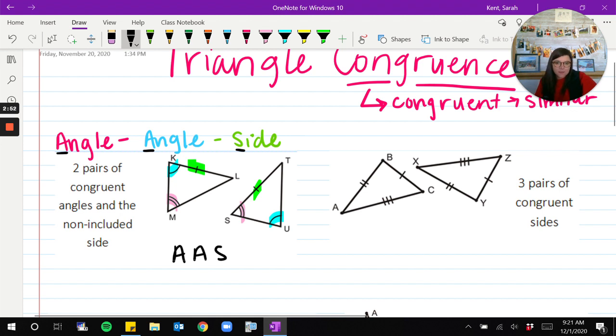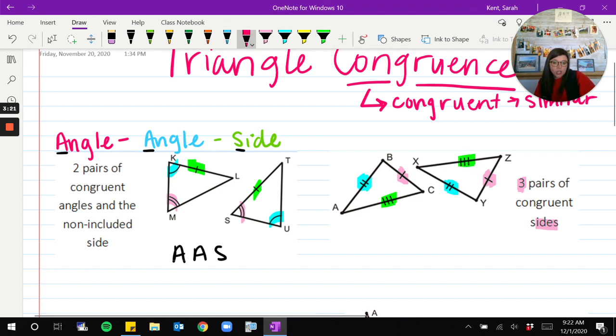All right, here's another one. It says 3 pairs of congruent sides. So we've got these numbers 3, and we're looking for sides. If I look, I can see here's 1 tick mark, here's 1. Here are 2 tick marks, here are 2. And lastly, I've got 3 and 3.